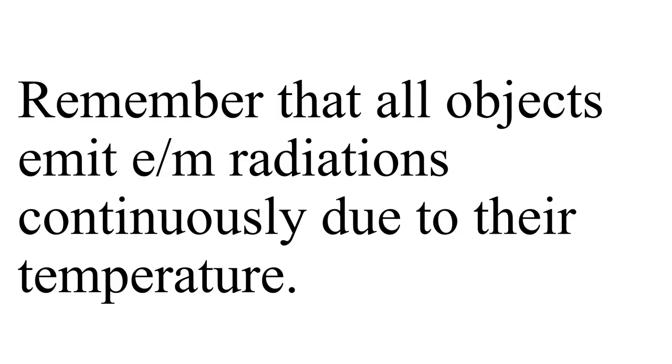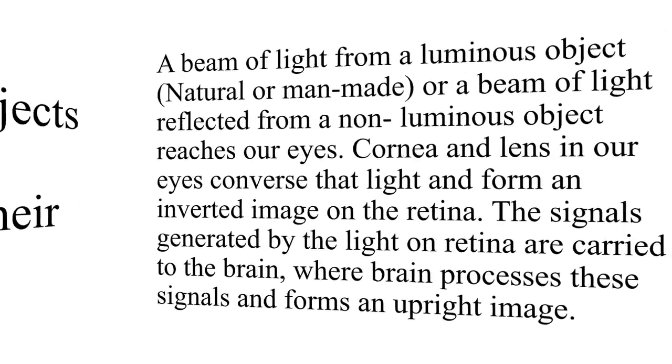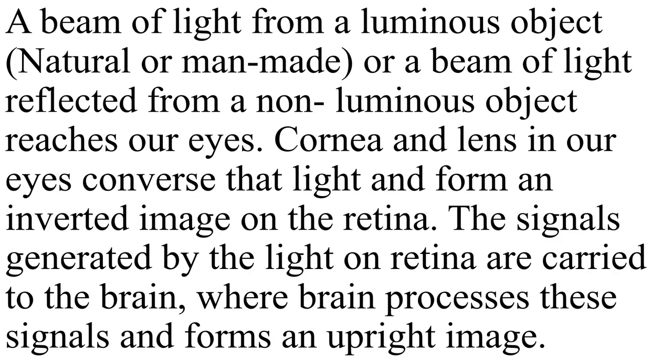Remember that all objects emit electromagnetic radiations continuously due to their temperature. A beam of light from a luminous object, it may be natural or man-made, or a beam of light reflected from a non-luminous object reaches our eyes.